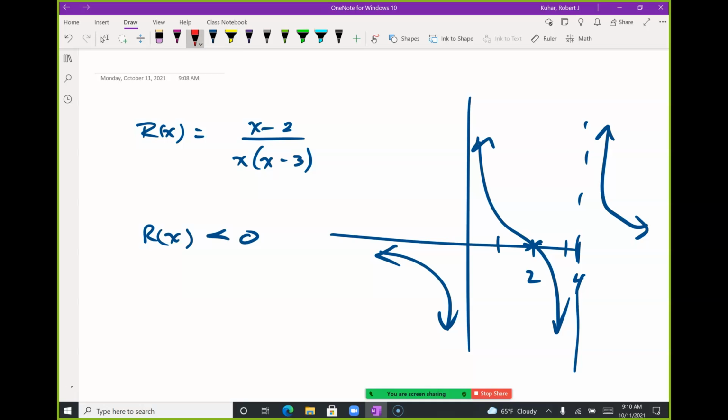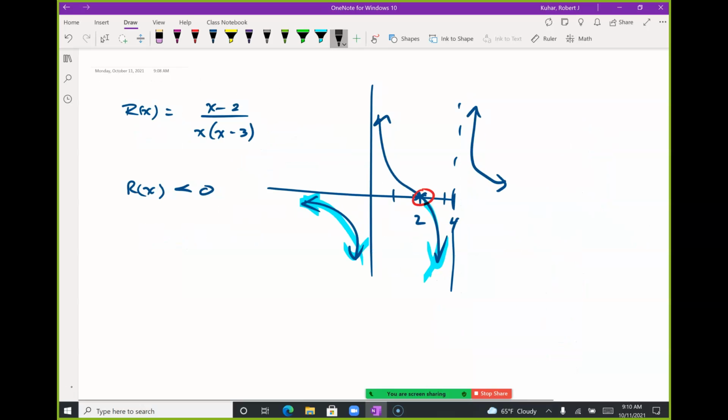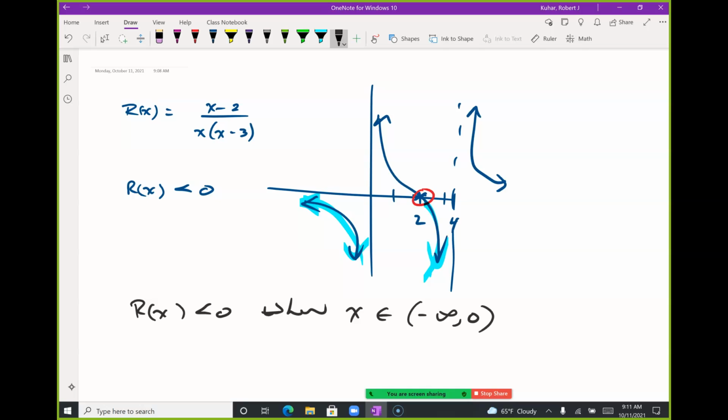So I'm going to highlight all of that in blue, right? And so you can see that's the interval I want. And I can already see the answer, right? r of x is less than 0 when x belongs to negative infinity to 0, union 2 to 4.